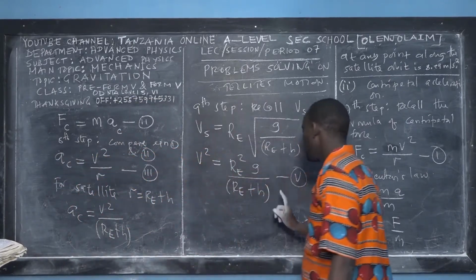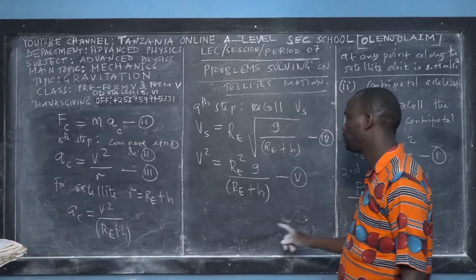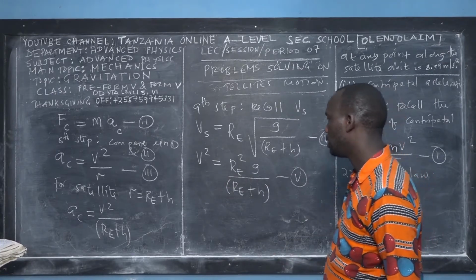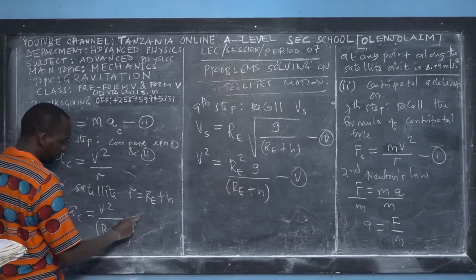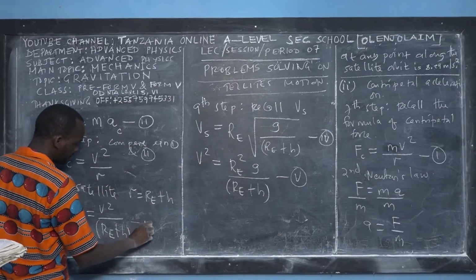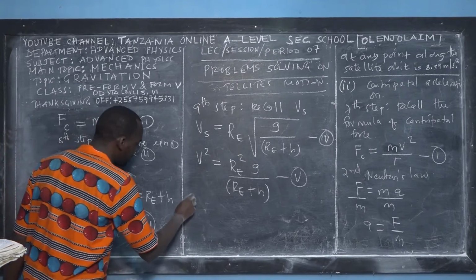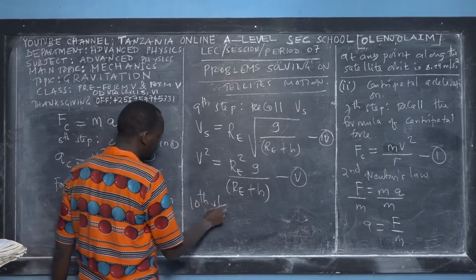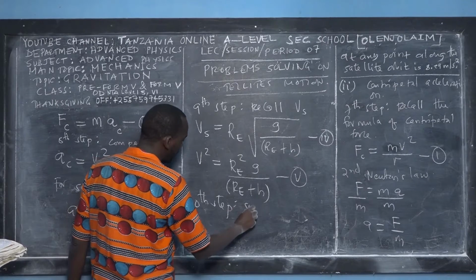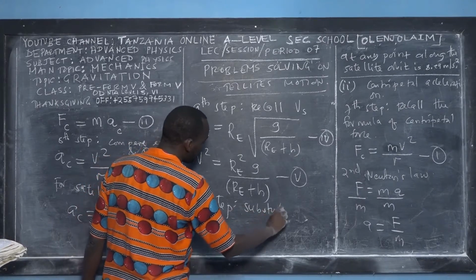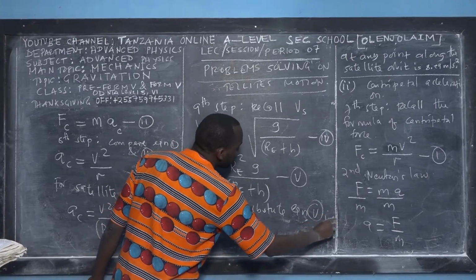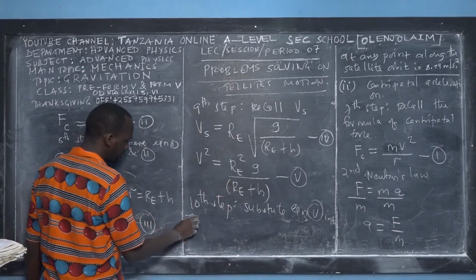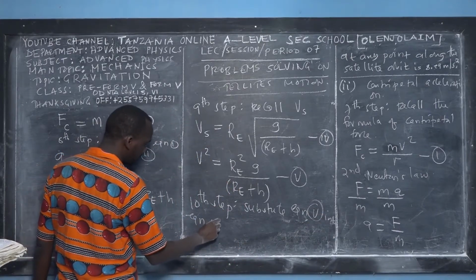So there's a relationship between the equations, and we substitute the 5th equation into the 3rd equation. So we got the 10th step. In this step, we have to substitute equation 5 into equation 3.